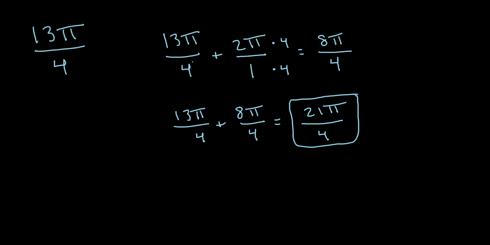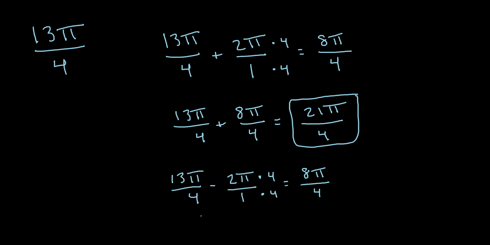So another way that we could find a coterminal angle is we could subtract 2 pi. So we could say 13 pi over 4 minus 2 pi over 1. So once again, we want the denominators to be equal. So how can we get this denominator to be a 4? Well, we just multiply the numerator by 4, multiply the denominator by 4. So 2 pi times 4 is 8 pi, 1 times 4 is 4.